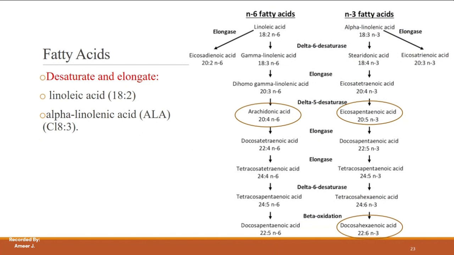Arachidonic acid, as you can see, is converted from linoleic acid, an omega-6 fatty acid, by the enzymes elongase and desaturase, and EPA or eicosapentaenoic acid and DHA or docosahexaenoic acid are converted from linolenic acid, an omega-3 fatty acid.